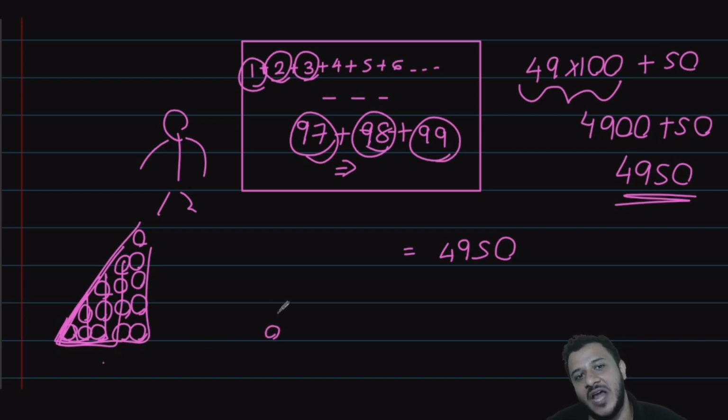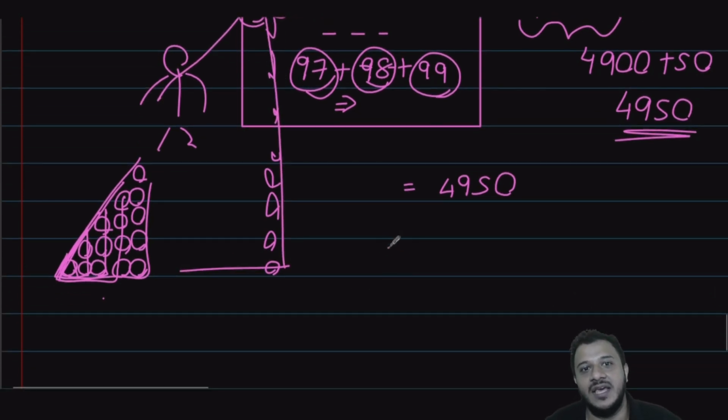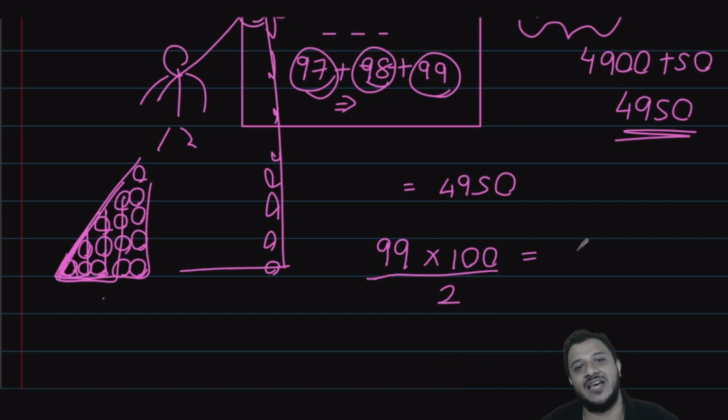If you go to 99 triangles, what will that triangular number be? It's the 99 I want, times the number after that, which is 100, divided by 2. 99 times 100 is 9,900, divided by 2.